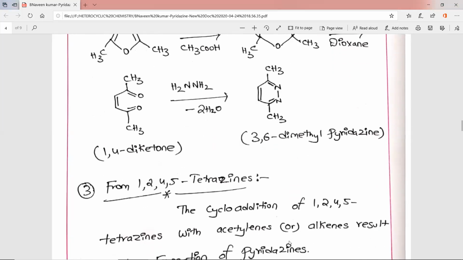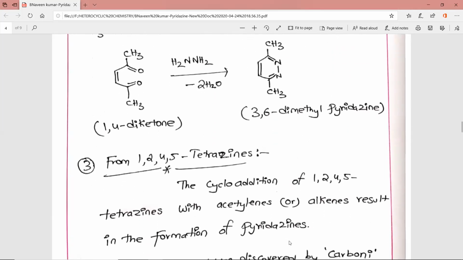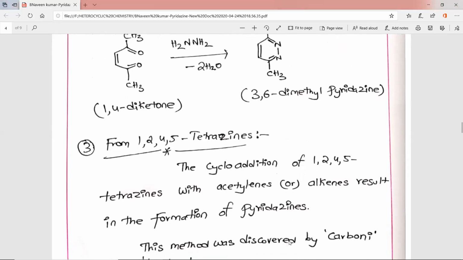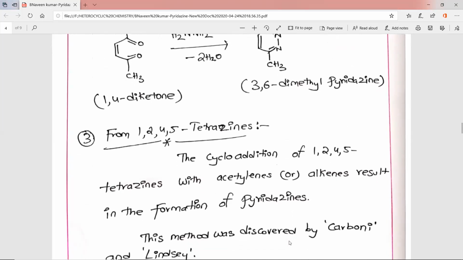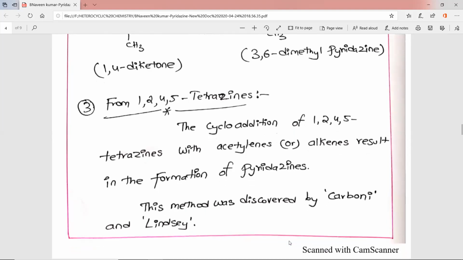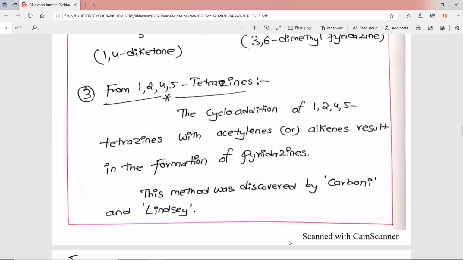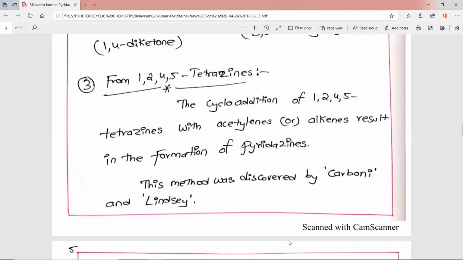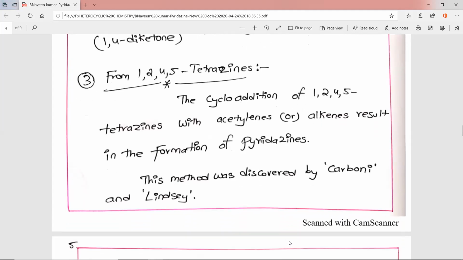Next, third method. From 1,2,4,5-tetrazines. So tetrazines react with the alkynes in a cycloaddition reaction, and the resulting compound undergoes rearrangement to form a 1,2-diazine.